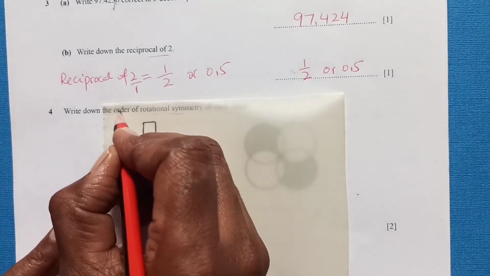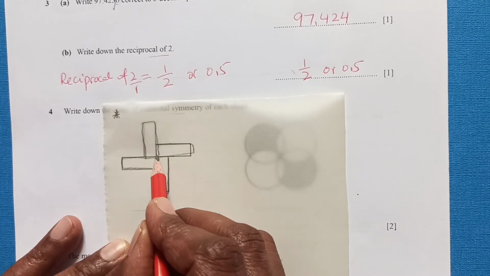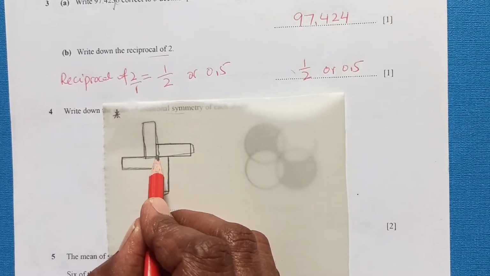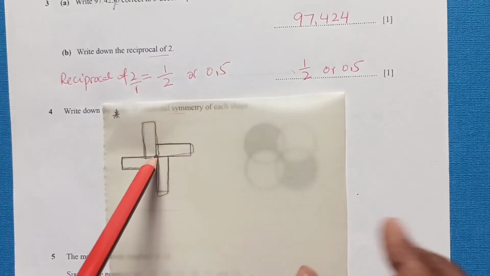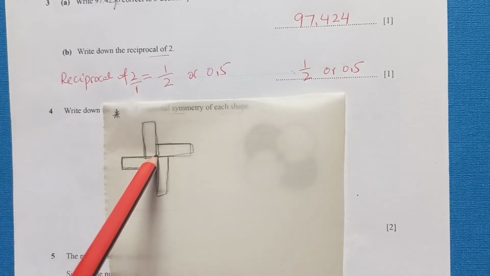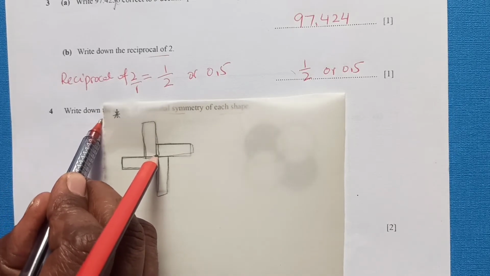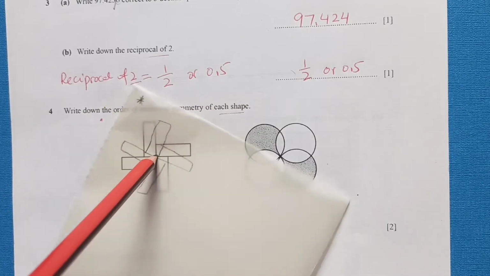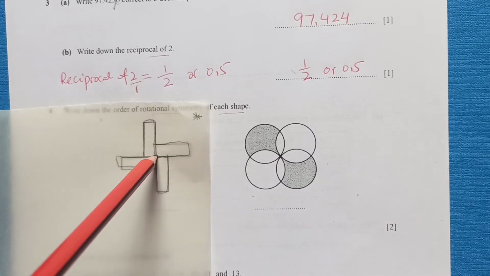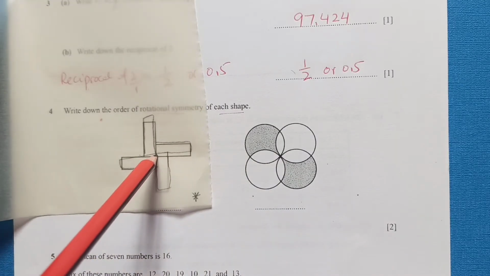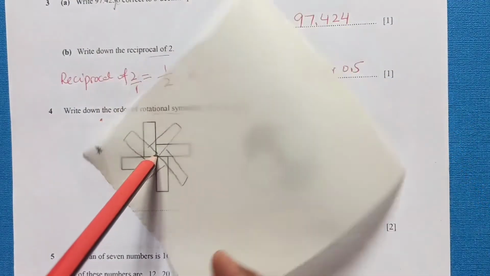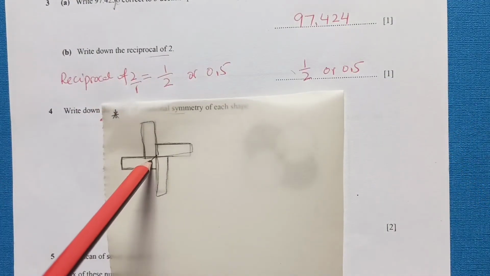Let me show you again how. Let me put a star here so that we are moving this shape until the star comes again to this point. We are starting from this point. So 1, you see it overlapped, 2, it overlapped again, then 3 and 4. So our star came here again.